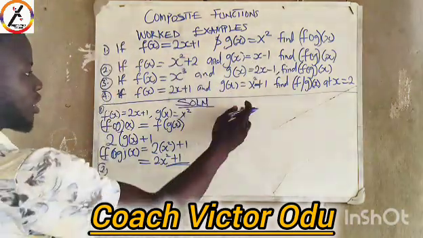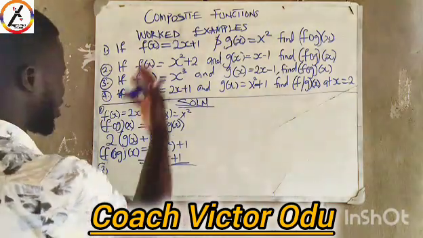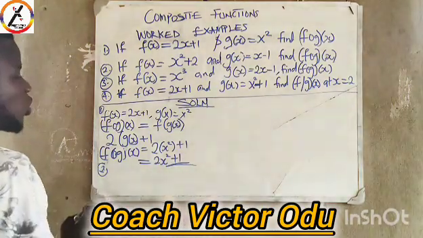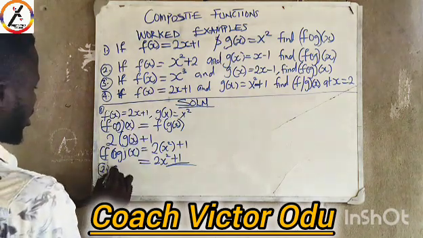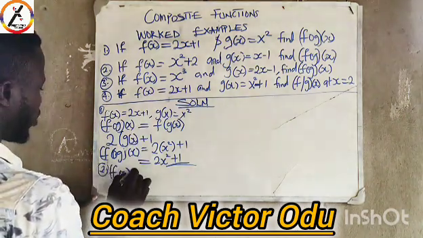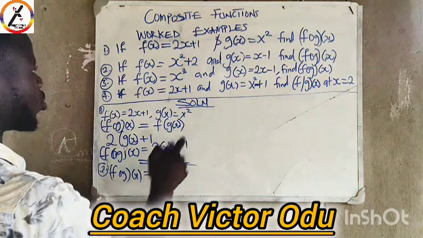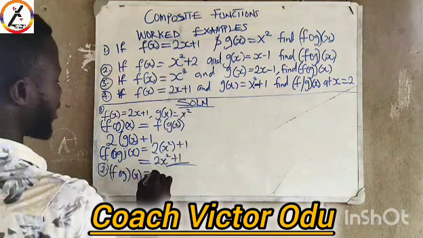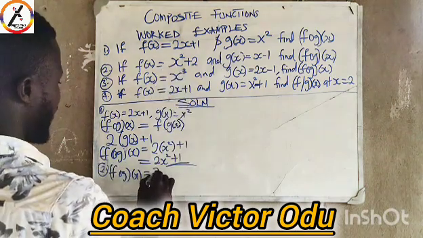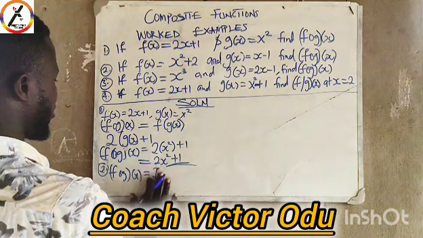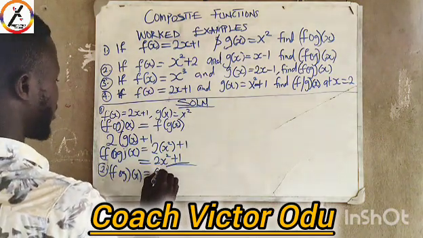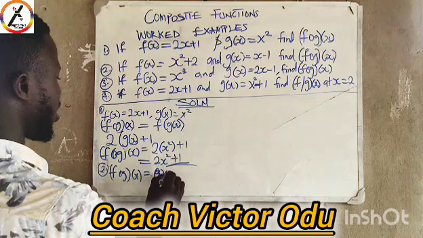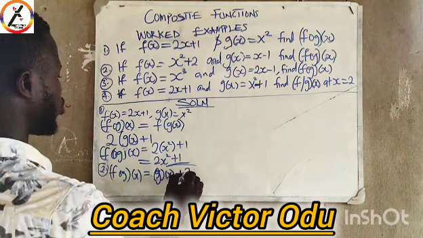So I'm going to be solving it here and see how I can minimize this space so that everything will enter in accordingly. So from that, f of g of x will be equal to g of x plus 2.